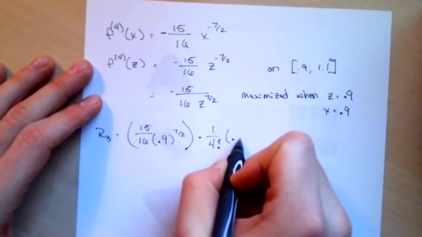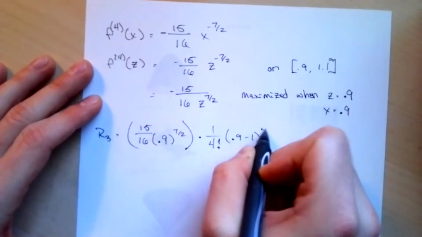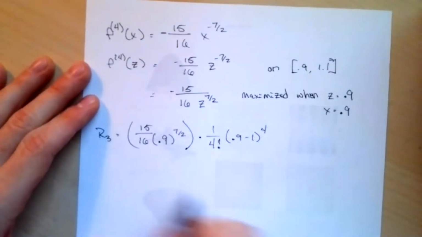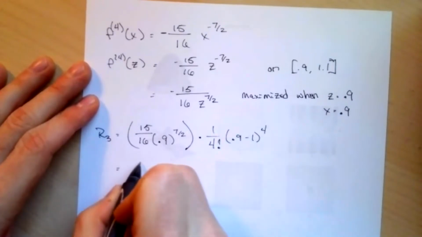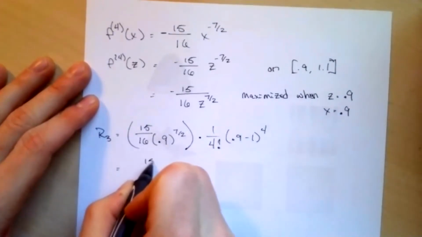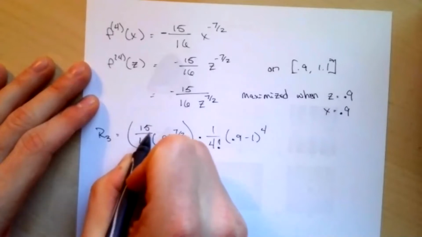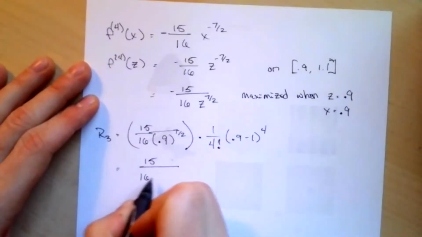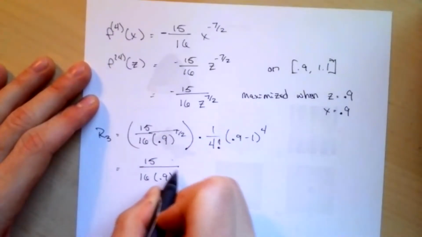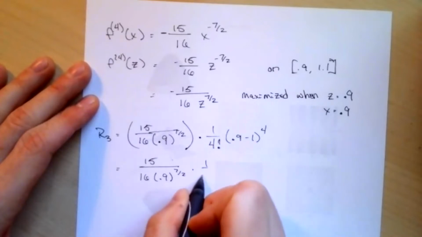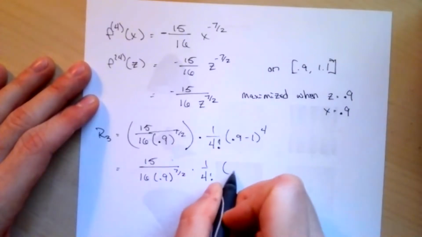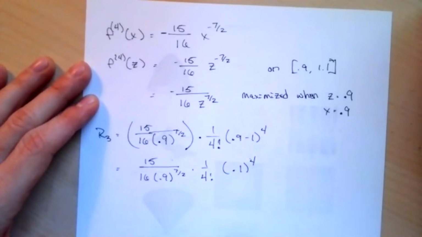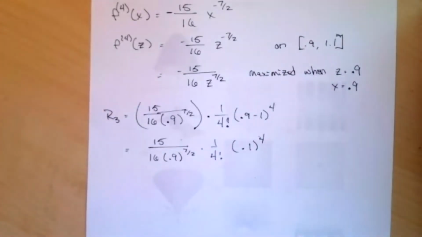So our x, 0.9 minus 1 to the 4th, that'll give us 0.1 overall. So 15 over, and that 9 should have been in the denominator, 0.9 to the 7/2 times 1 over 4 factorial times 0.1 to the 4th. And that expression you won't have to simplify.